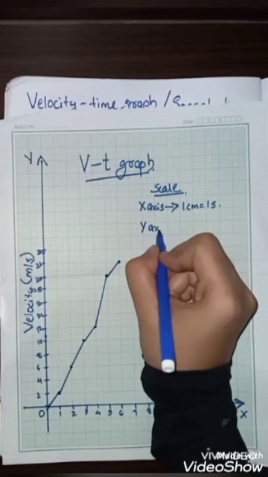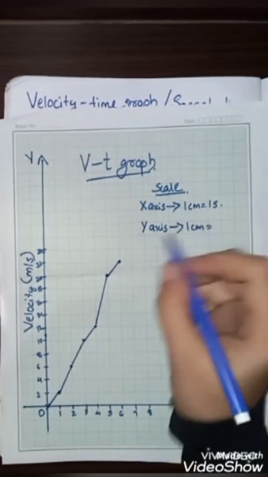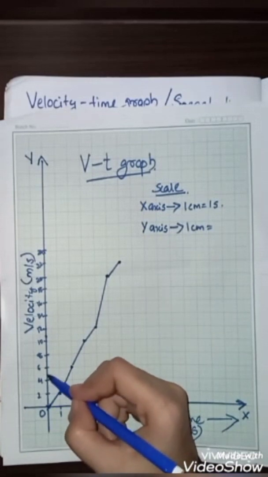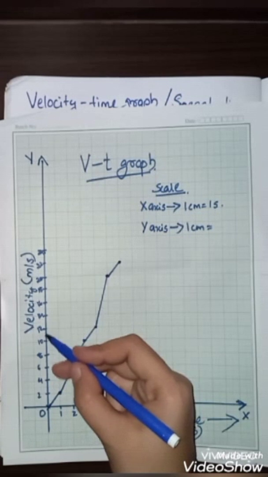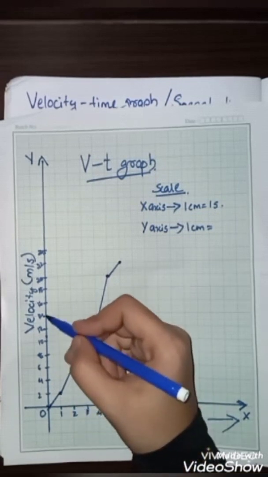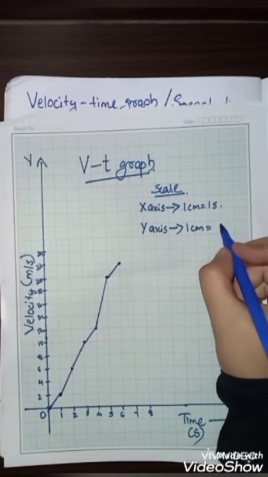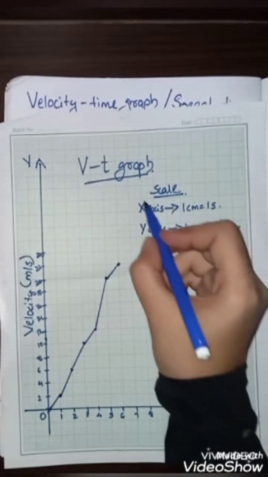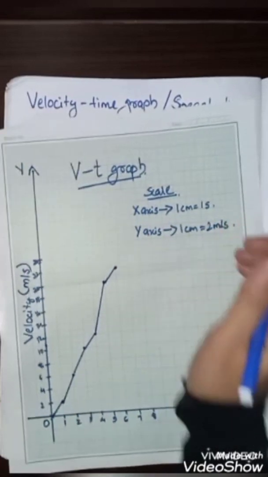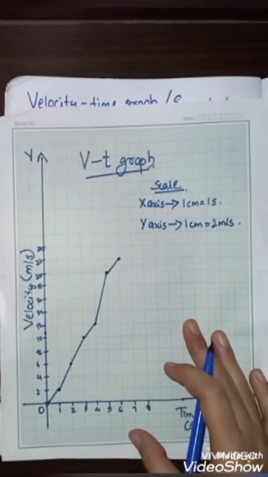And for the y-axis, there is a difference of 2 between any 1 centimeter lines. That is, 1 centimeter is equal to 2 meter per second. This is the scale. Here, this is the velocity time graph.